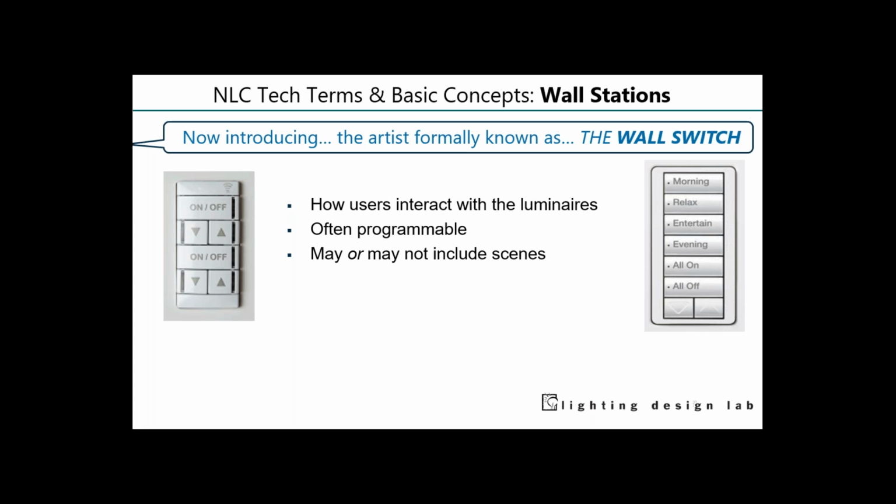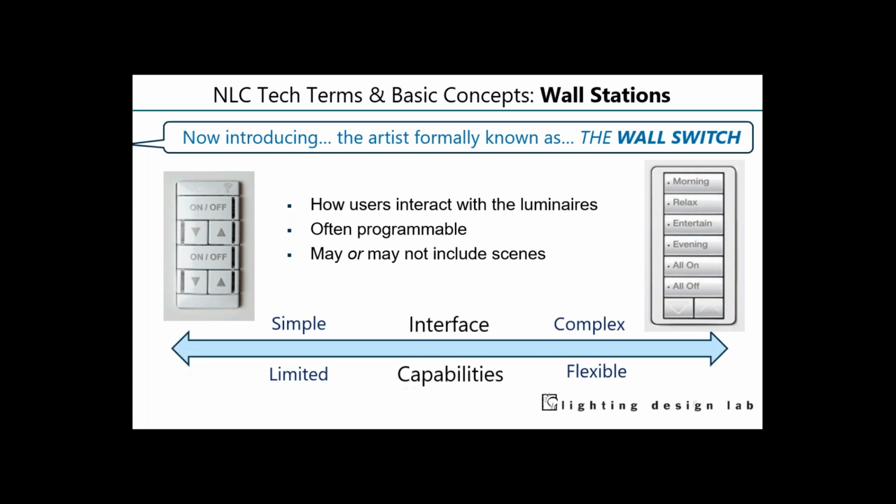Wall stations are what's on the wall. They are often programmable in these modern NLC systems, and they may or may not include scenes. We're going to build on this in a second. When you look at wall stations, you will see some that are very, very simple, like the one on the left, with very limited functionality or capabilities.